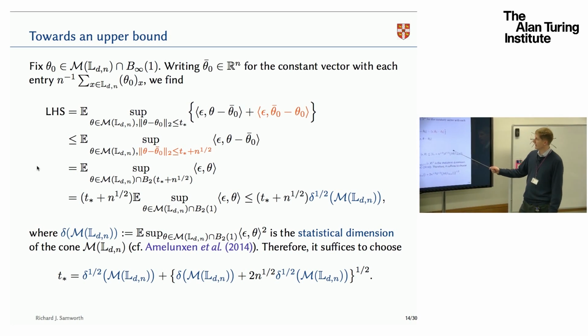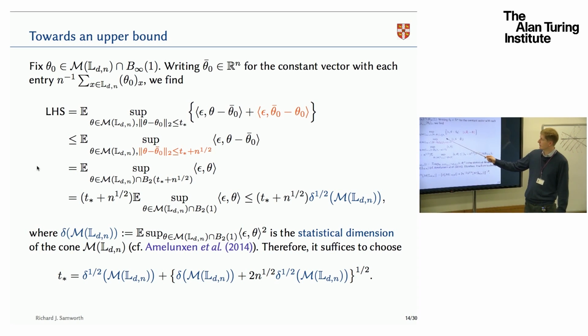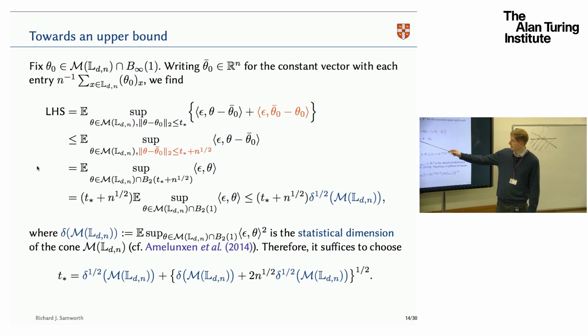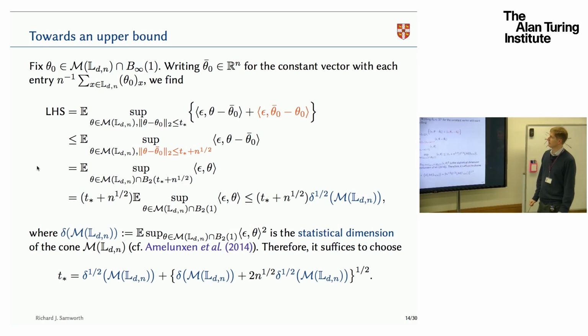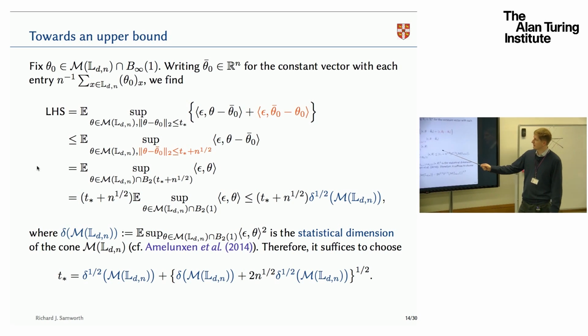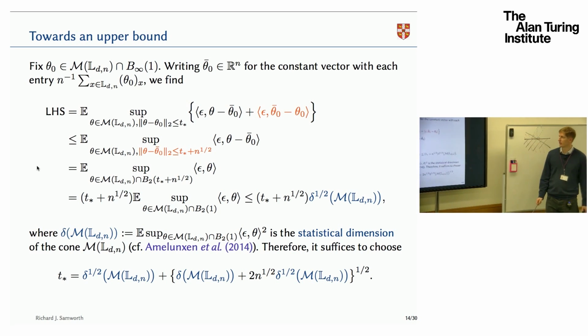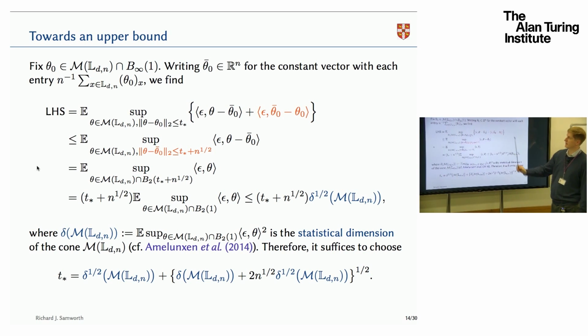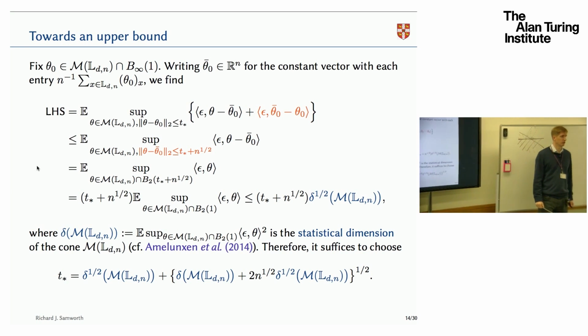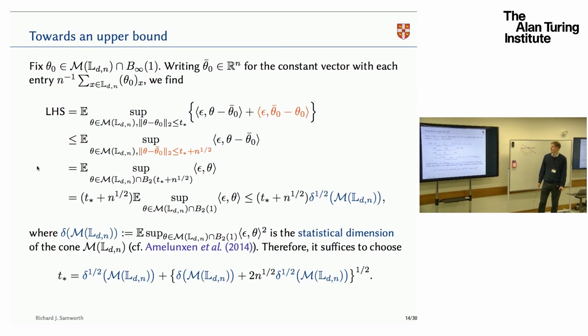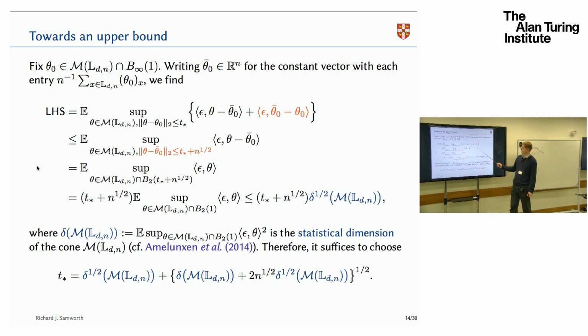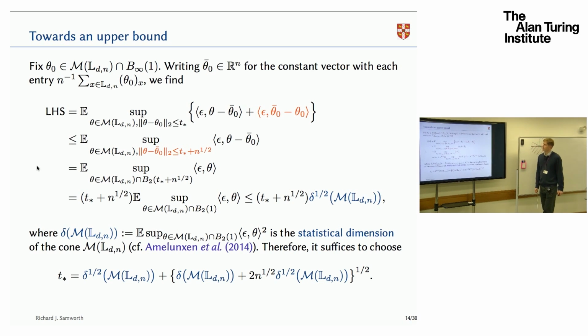And then I can say, well, if the norm of theta minus theta 0 is less than or equal to T star, then theta minus theta 0 bar is not that much larger, because I know that theta 0 belongs to this L infinity ball of radius 1. So I just have to increase this radius by n to the half, and then I can rewrite this in terms of theta minus theta 0 bar.